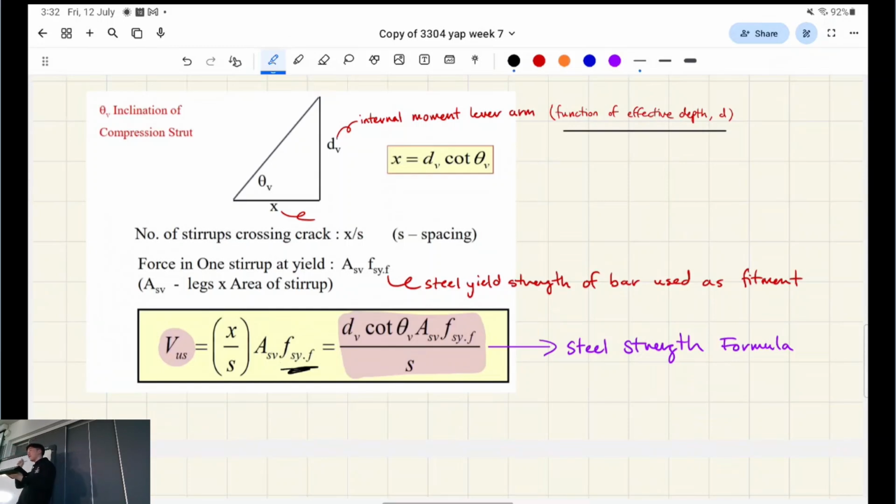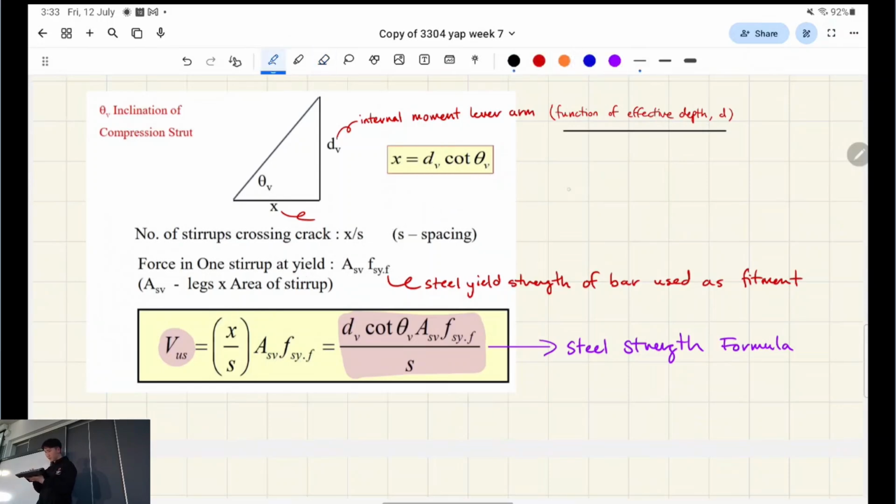So that F isn't flexure, it's fitment. Trust me, I've gone down a rabbit hole looking through AS3600 and the definitions. So both of these are to do with the stirrups, and that's how we get this big formula. They get this derivation, chuck it into here, and that's how we get it.